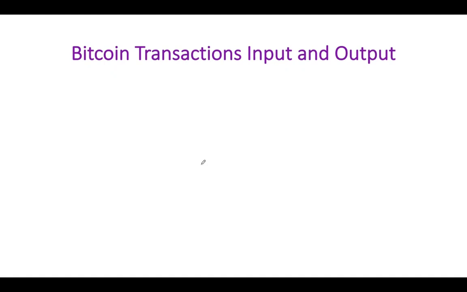The transactions are at the core of the Bitcoin ecosystem. These transactions can be as simple as just sending some Bitcoins to a Bitcoin address, or they can be quite complex depending on the requirement. Each transaction in the Bitcoin is composed of at least one input and one output.